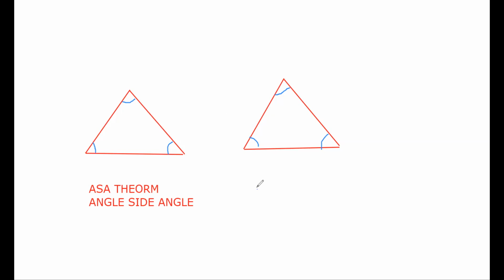So here, for example, if we name this as angle 1, and this is angle 2, and this is angle 3, and this is 4, and this is 5, and this is 6. Okay, let's name this A, B, sorry, and C, and then this is G, and this is H, and this is F. Okay, let's write how the congruency is going to happen.